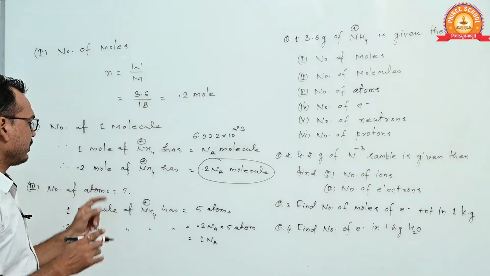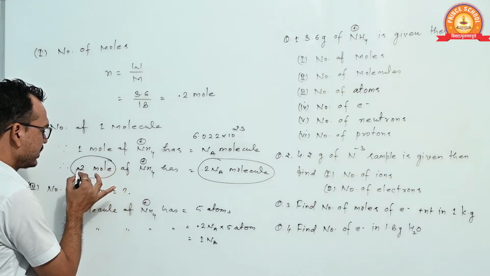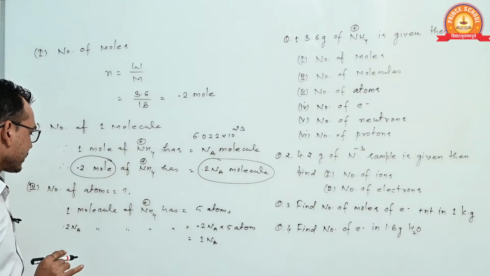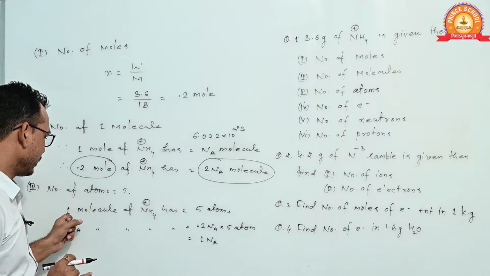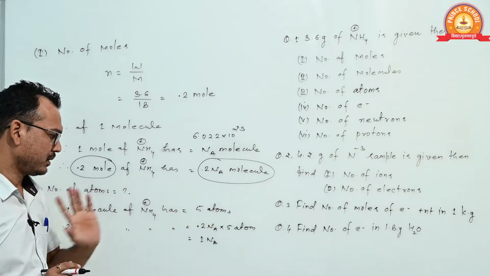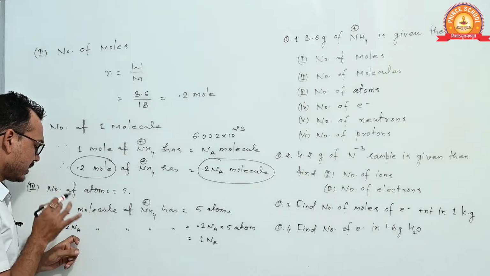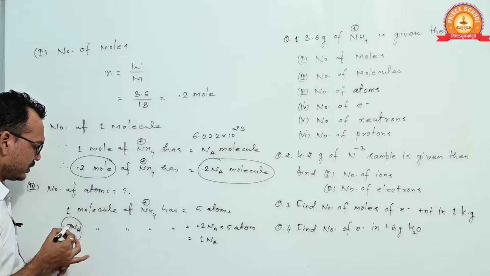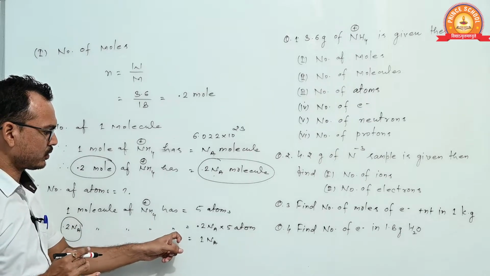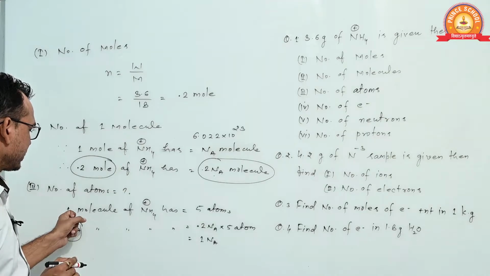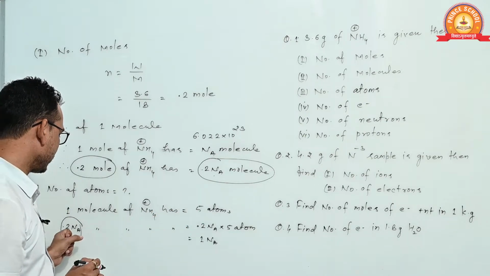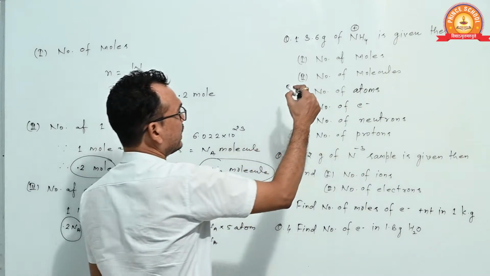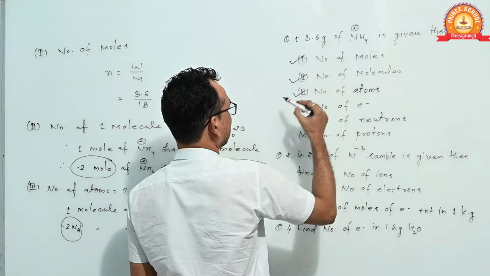In our question the number of moles is 0.2 mole, then we multiply this by Na. And 1 molecule of NH4 plus has 5 atoms, and the number of molecules in this question is 0.2 Na. It means 0.2 Na molecules of NH4 plus has, multiplying as with the cost of one pen and the cost of 0.2 Na pens. Clear? That is the answer of the first, second and third questions.